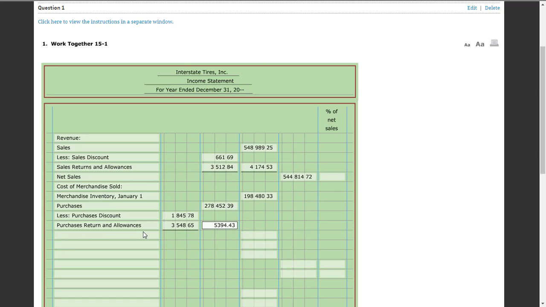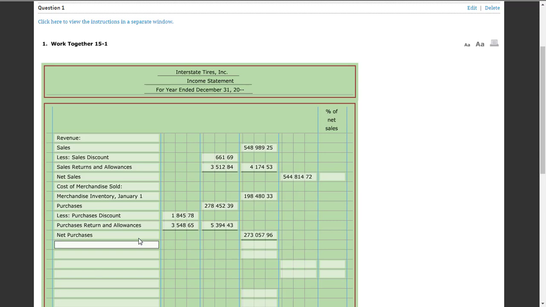We don't have debit or credit. We subtract. And the reason we subtract is because it says right here less. Okay? Now, when I subtract that $5,000, that is going to give me my net purchases. And my net purchases is $273,057.96.